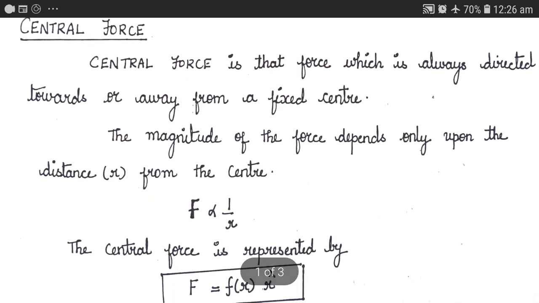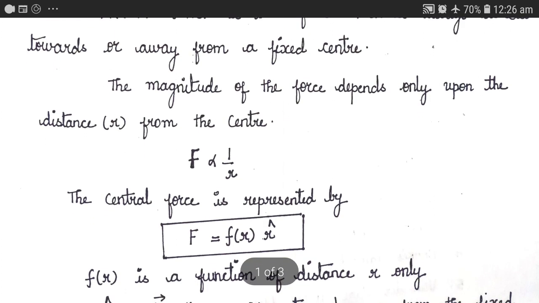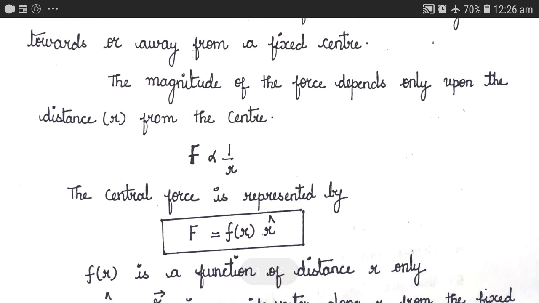Let us start by knowing what is central force. Any force which is always directed towards or away from a fixed center is called a central force. And the magnitude of the central force depends only upon the distance between the fixed center and the object.